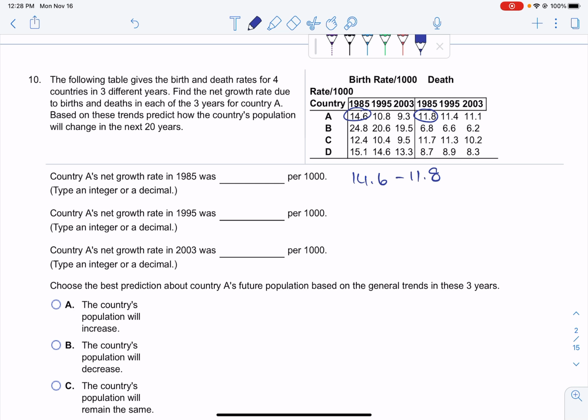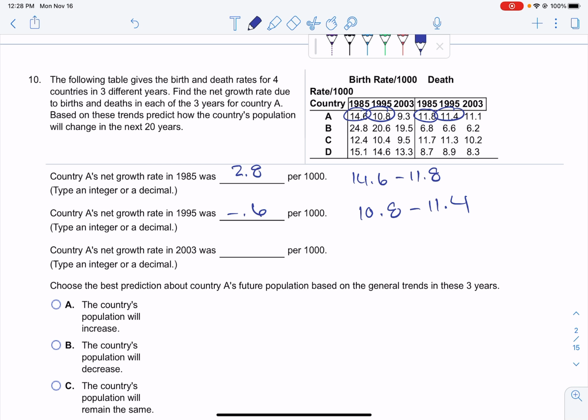So you're going to do 14.6 minus 11.8 and get what? 2.8 per thousand. Country A's net growth in 1995. So 10.8 and 11.4. So I'm going to do 10.8 births minus 11.4 deaths. That means I'm actually getting a negative 0.6 per thousand.